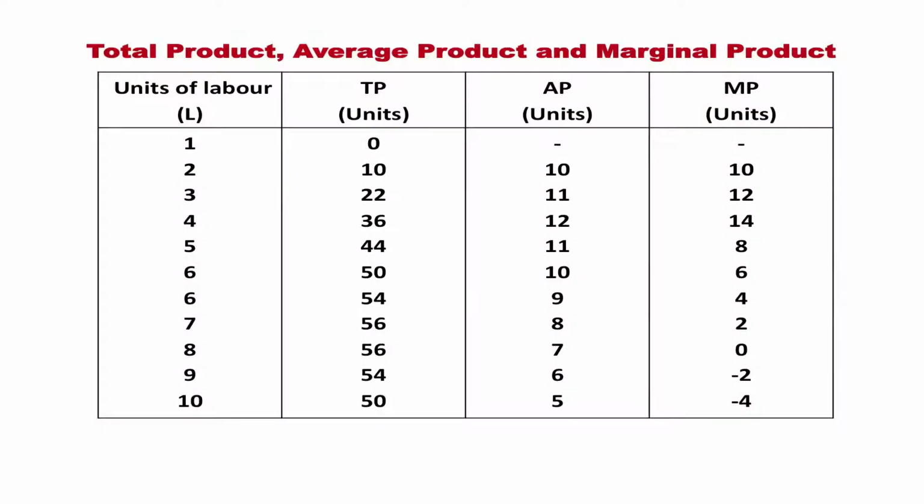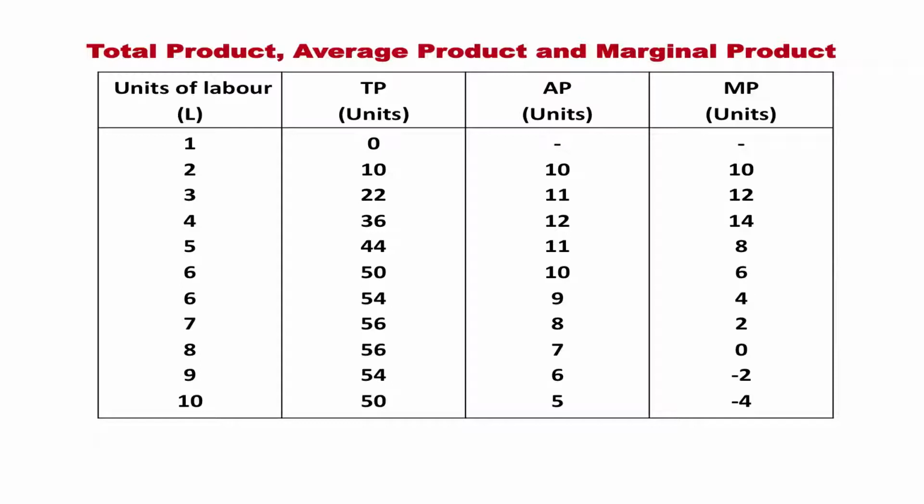To what extent can the variable factor be increased or employed? If we refer back to the table shown, we can see that when labor has been increased up to 9, the MP has started becoming negative. At employment of the 9th unit of labor, MP is minus 2 and then at 10th it falls further to minus 4. Because of this, the TP also has started falling.